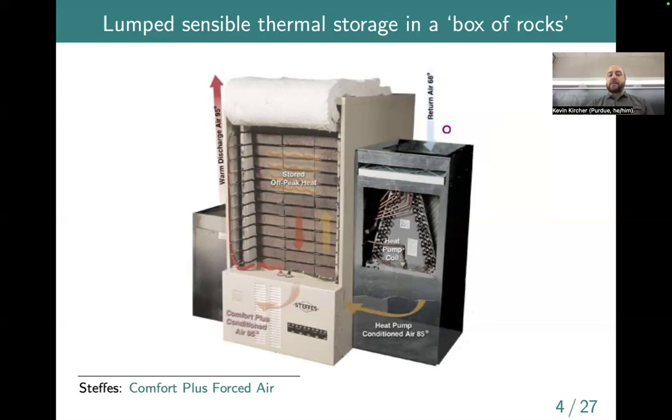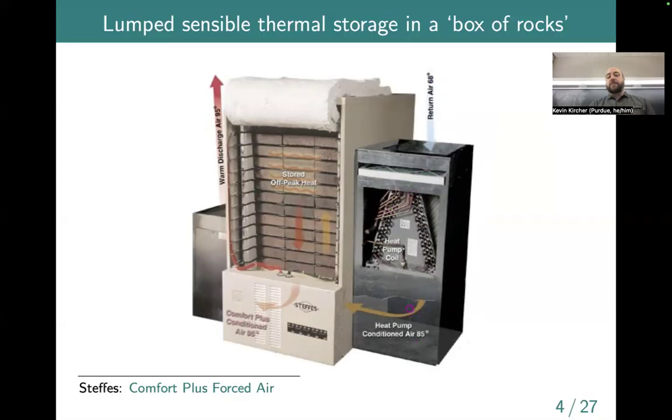And this would be plugged into a duct system like you would have for a furnace or a central air conditioner. So you'd have cool air returning back from the house. It would potentially run over the heating coils of a heat pump, to bring the temperature from, maybe 66 up to, in this schematic, 85 Fahrenheit.